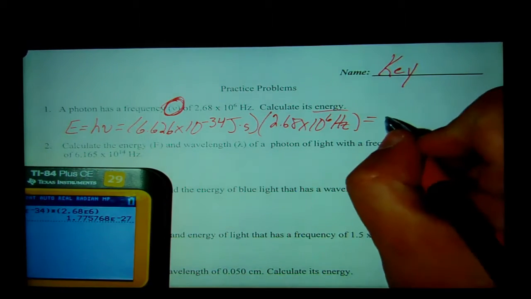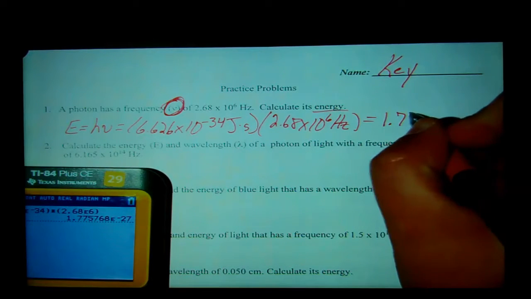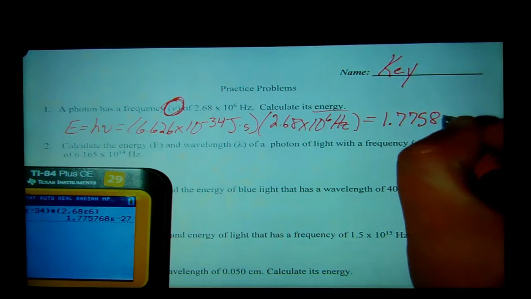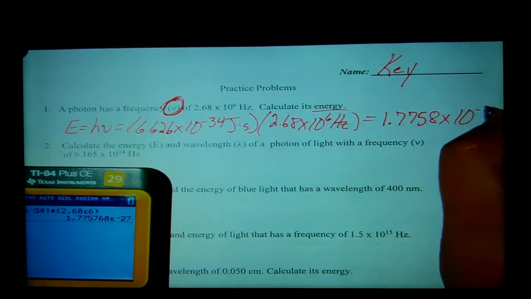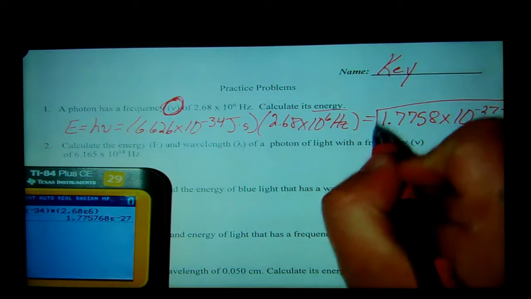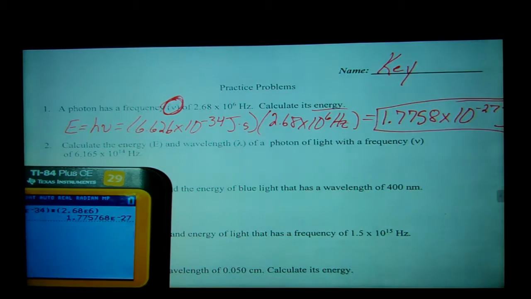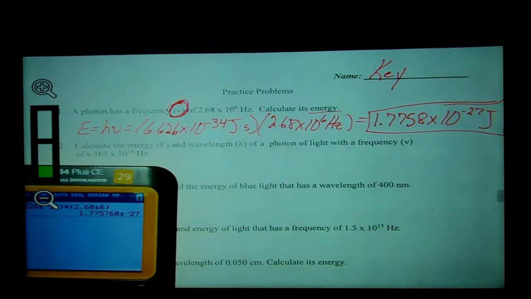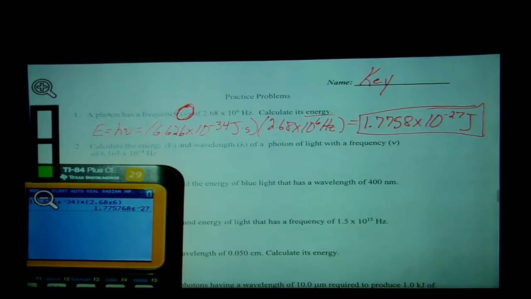So this gives us an energy of 1.7758 times 10 to the negative 27 joules. Like what I told you, problems like number 1 will be your favorite. They're very simplistic and easy. All you're doing is a straight up multiplication. It requires no algebra skills whatsoever.